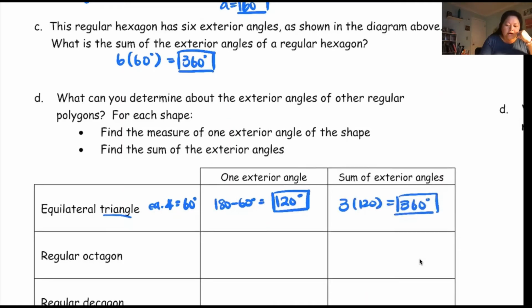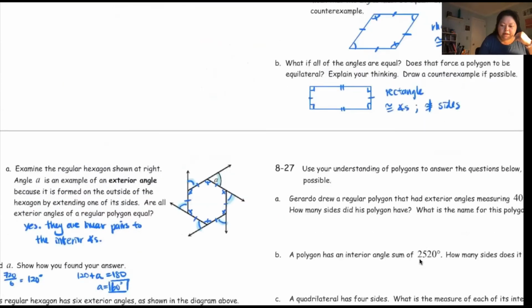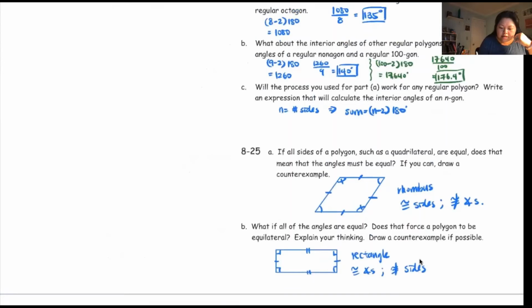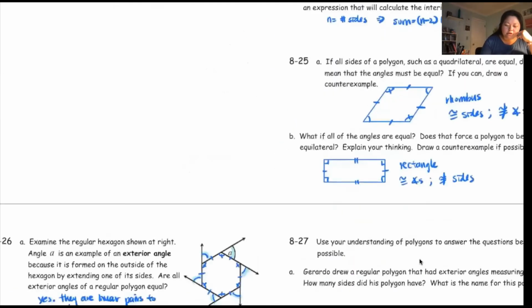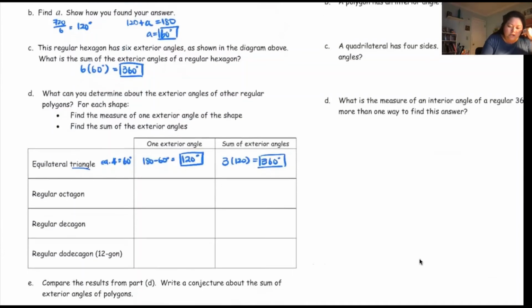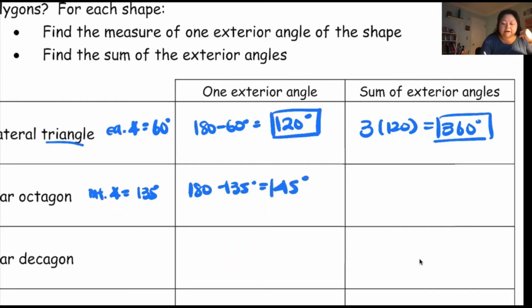Okay. All right, a regular octagon. So we did that right up top here. A regular octagon. The interior angle is 135 degrees right here. That's part A of the answer. Okay, so each interior angle is 135. So I take 180 minus 135 equals 45, oops, not 450, 45 degrees.